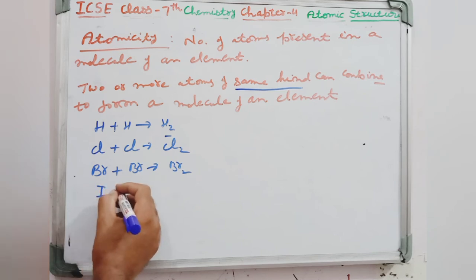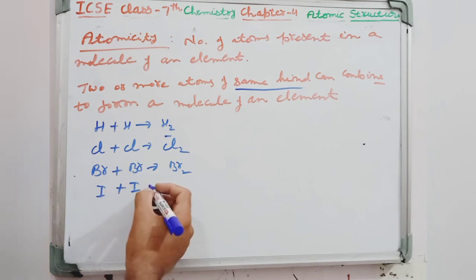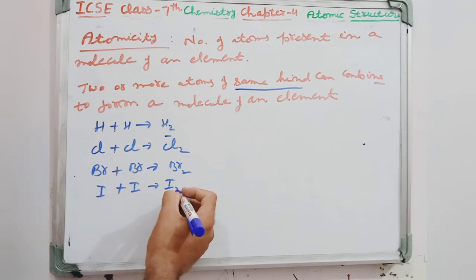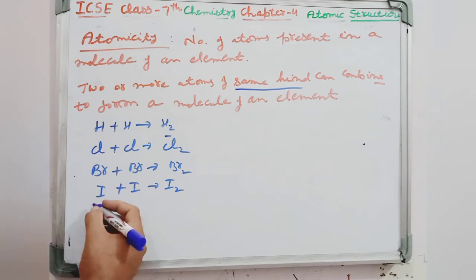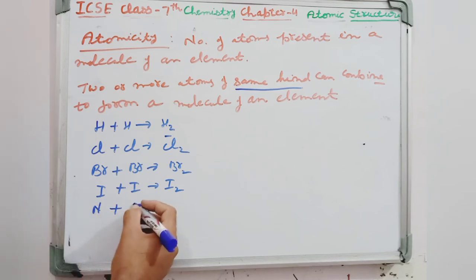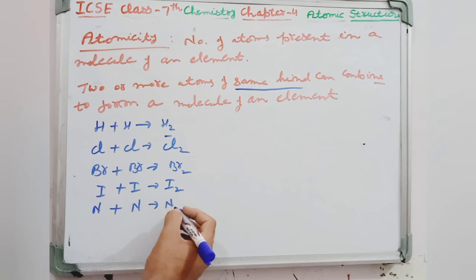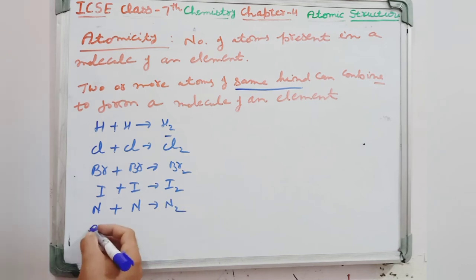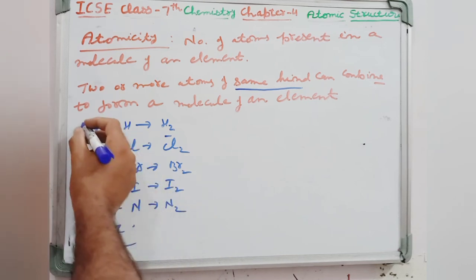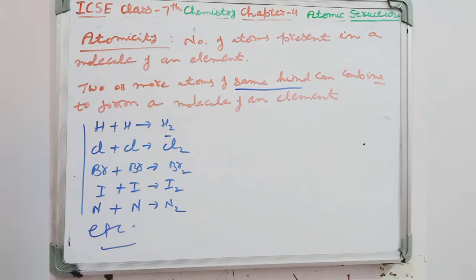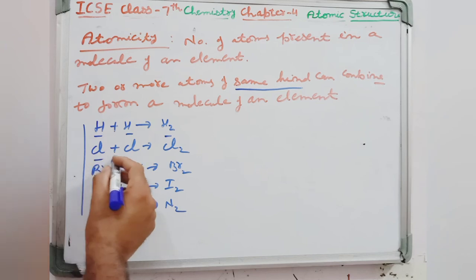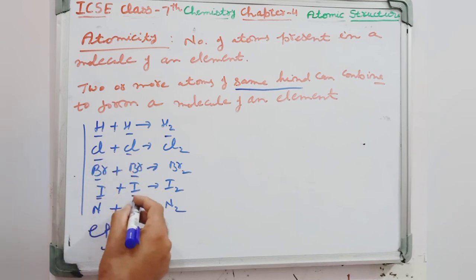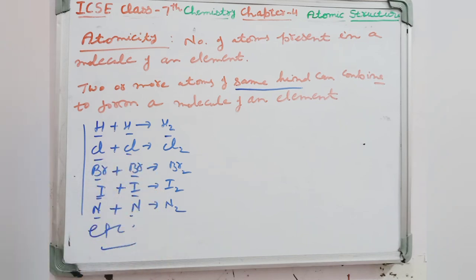Two atoms of iodine combine to form I2, iodine gas. Two atoms of nitrogen combine to form nitrogen gas, and so on, right? The main thing here is that they are of the same kind.